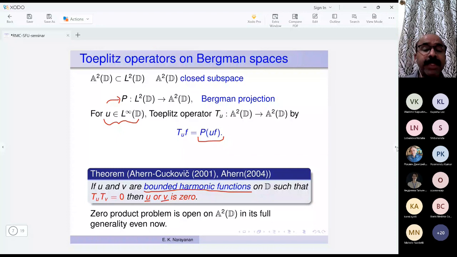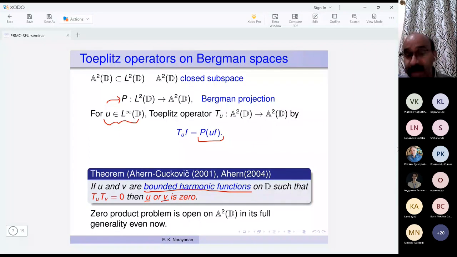Now, one justification for this assumption that they are bounded harmonic functions is that any bounded function on the circle extends to a bounded harmonic function inside the disk via the Poisson integral, right? So you can sort of think of that.